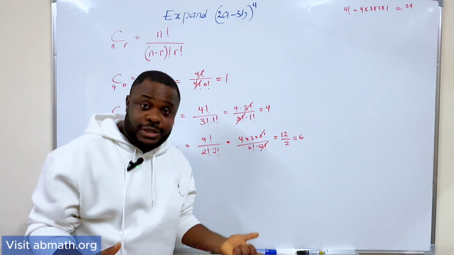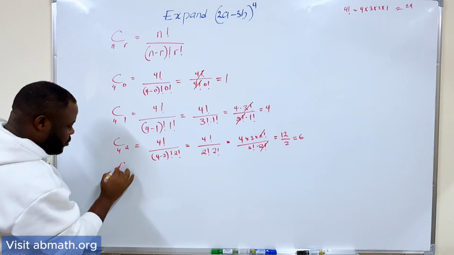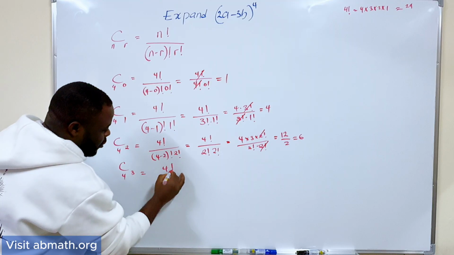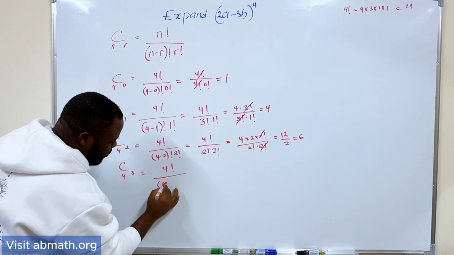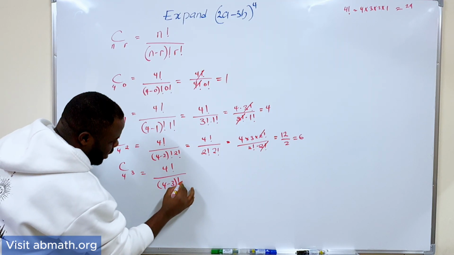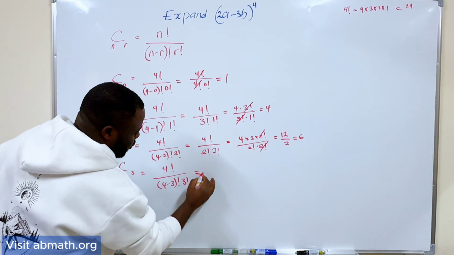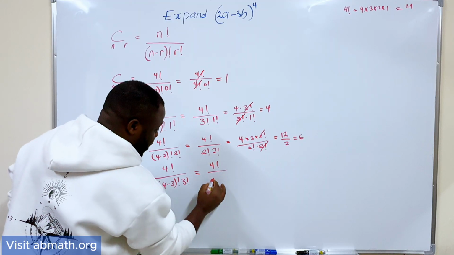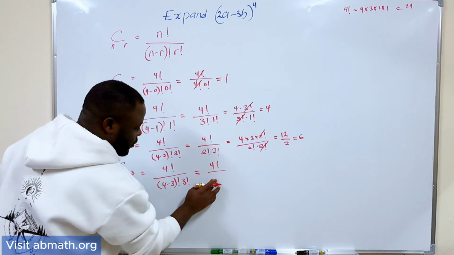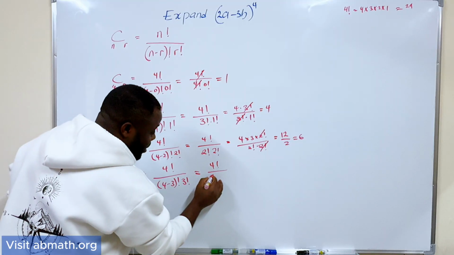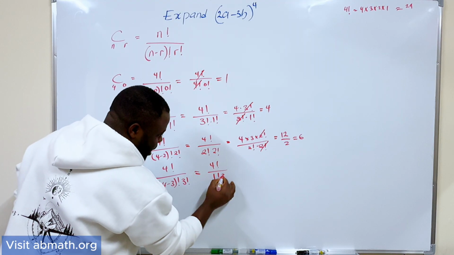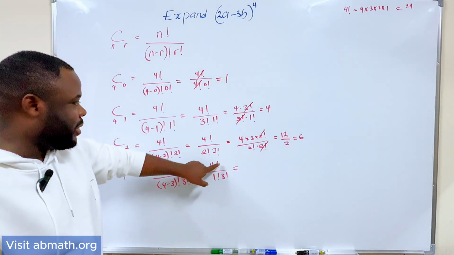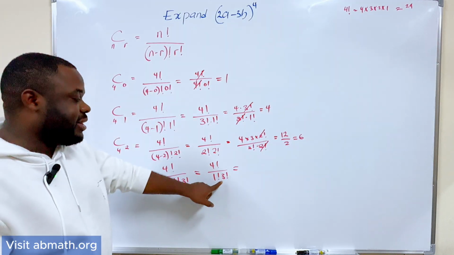Now let's do combination 4 3. We now have 4 factorial over 4 minus 3 factorial, then 3 factorial. So this is 4 factorial over 1 factorial, because 4 minus 3 is 1, then multiplied by 3 factorial. We have something like this before. You can see 4 factorial, 1 factorial and 3 factorial.